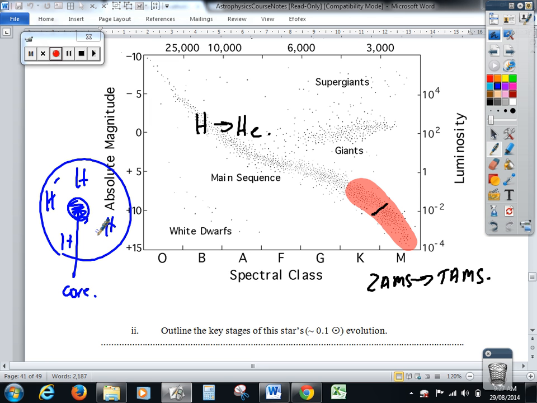To fuse helium, you need a lot of heat. You need more heat. The problem is there is not enough gravitational pressure in a red dwarf to push it in. So we can't fuse helium. It might have a small amount of helium fusion, but not much.